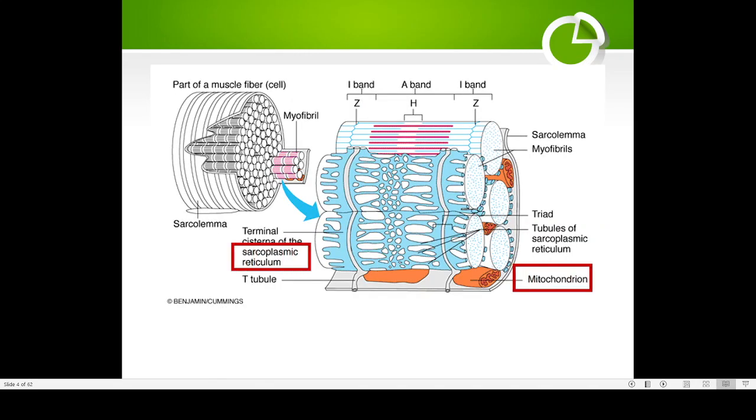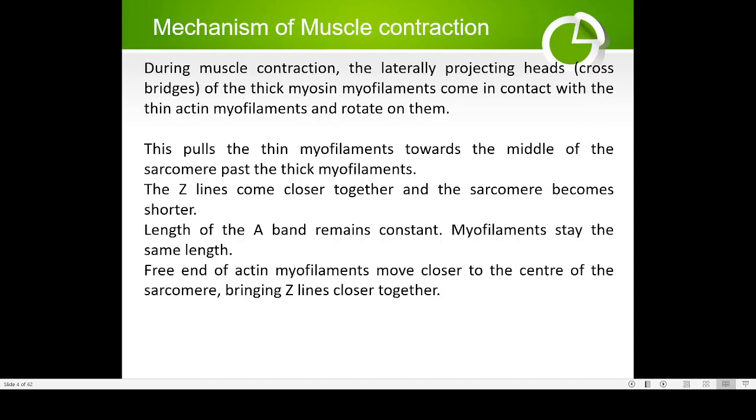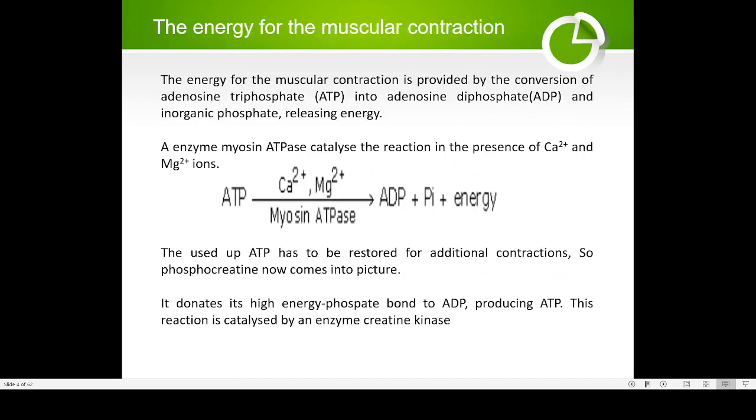You can also see that a number of chemical reactions are involved, especially calcium ions, which play a very important role in a muscle contraction. And this is how the energy for a muscle contraction is actually produced. What you have to keep in mind is that this pulling of actin into the myosin needs some energy.